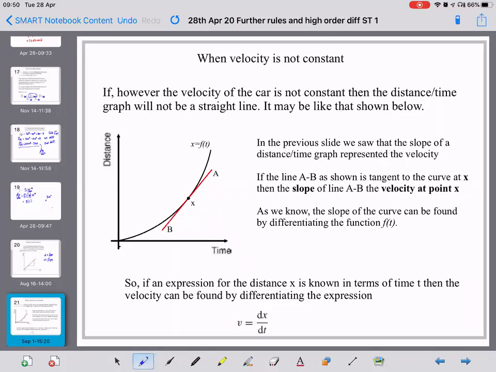So we can find the slope of the curve by differentiating the function. So if we had an expression for that black line, y equal to a function of x, if we differentiate that function, we end up with the velocity of the vehicle at point x. Everybody follow that? Probably follow it more when we've done an example, but we'll see.